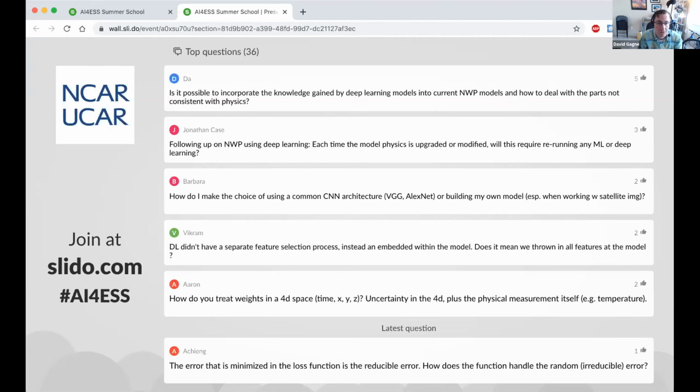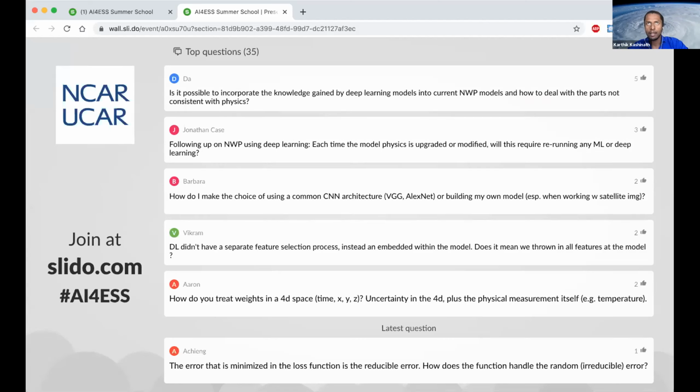And our next question, we've kind of addressed this a little bit already, but I think there's a slight tweak on this one. Is it possible to incorporate the knowledge gained by deep learning models into current NWP models and how to deal with the parts not consistent with physics? I can take a stab.